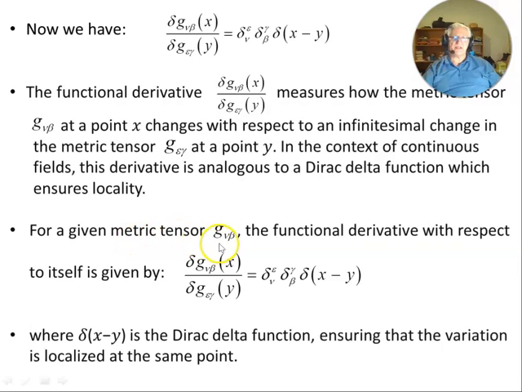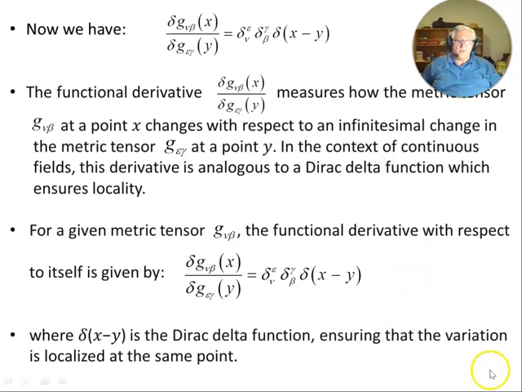So for a given metric tensor G nu beta, the functional derivative with respect to itself is given by this. Okay, the Dirac delta enforces locality and enforces this occurs at a single point. So where the delta x minus y is a Dirac delta function, ensuring that the variation is localized at the same point. Okay, so we're talking about the same point on a manifold, and that's important, and that's where the Dirac delta function appears in there to make that clear. It is localized to the same point. Just as we do with ordinary derivatives.